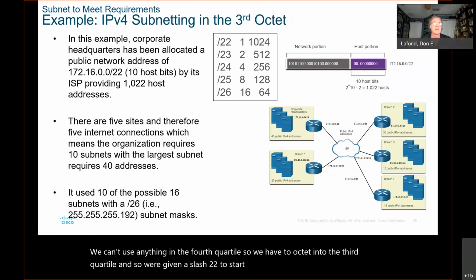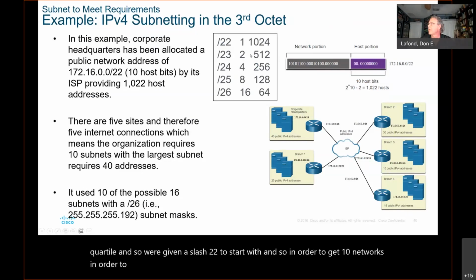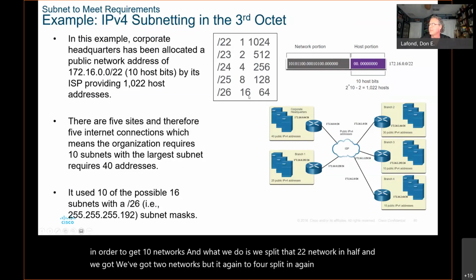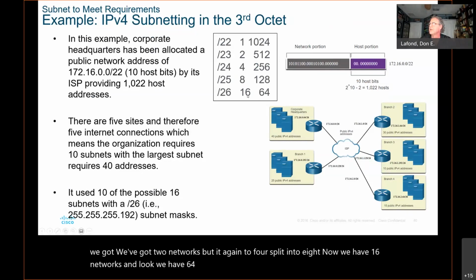In order to get 10 networks, we split that /22 network in half, and we've got 2 networks, split it again to 4, split it again to 8, and again, now we have 16 networks. And look, we have 64 addresses in each of the 16 networks. So that's a perfect subnet to be able to allocate our addresses.